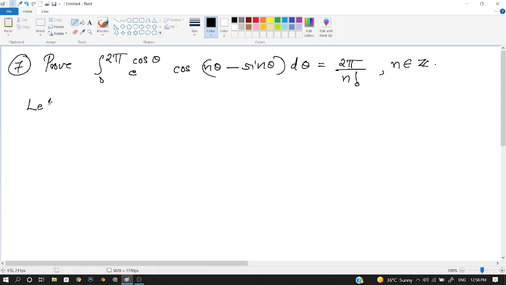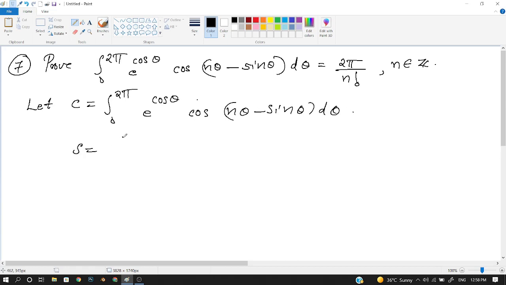Here we take c equal to integral 0 to 2 pi e raised to cos theta cos of n theta minus sin theta d theta, and s as integral 0 to 2 pi e raised to cos theta sin of n theta minus sin theta d theta.